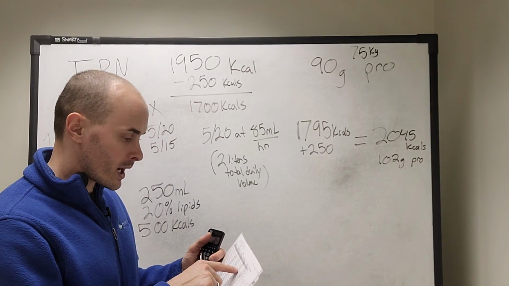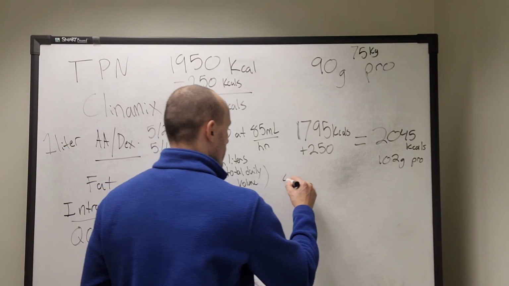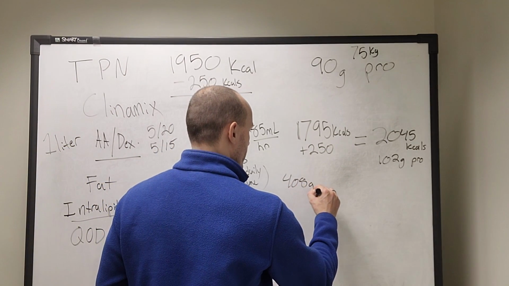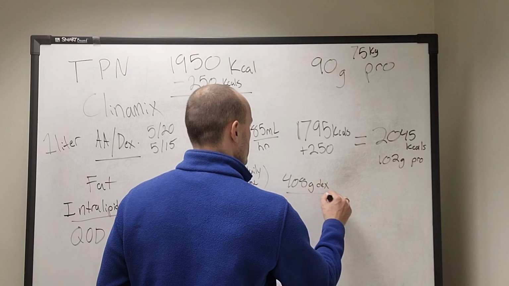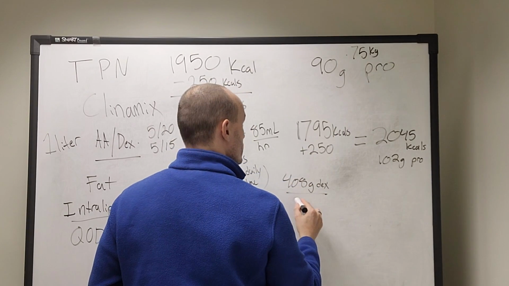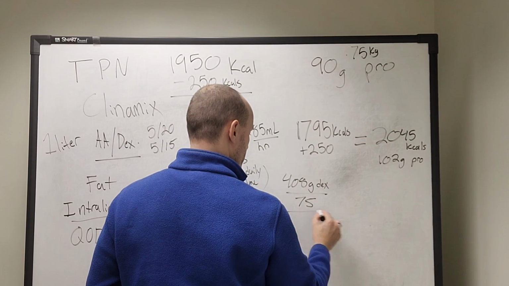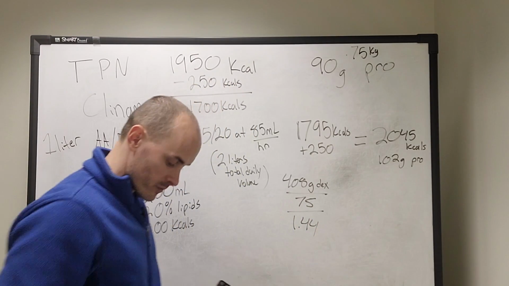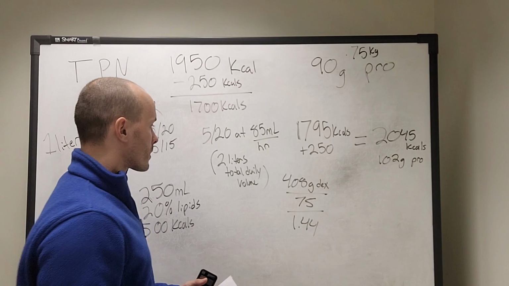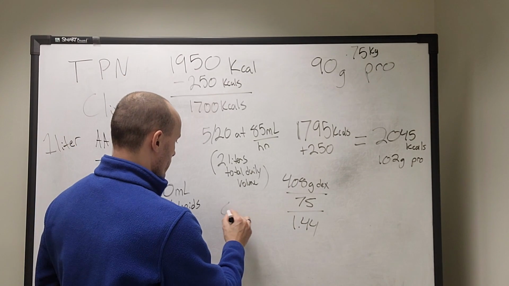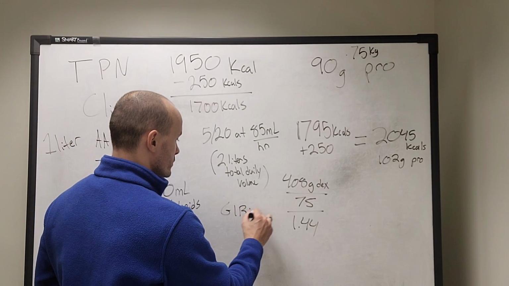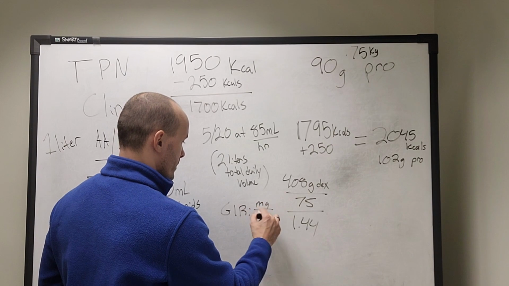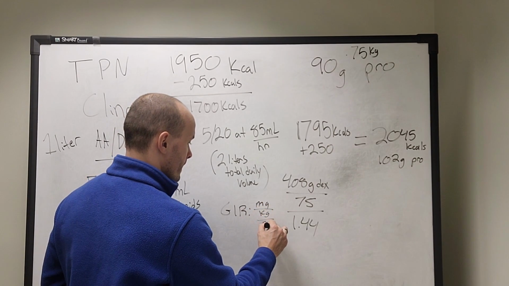So at 85 an hour, they're getting 408 grams of dextrose divided by their weight divided by 1.44. When you divide by 1.44, the GIR, glucose infusion rate, is milligrams per kilogram per minute.